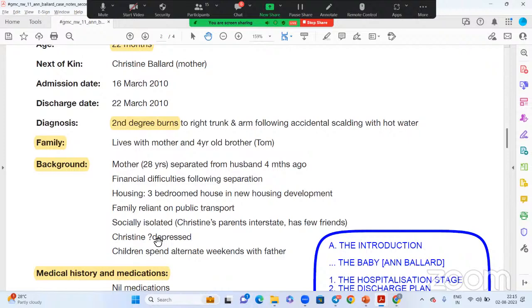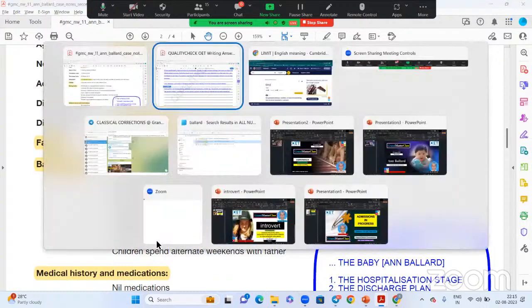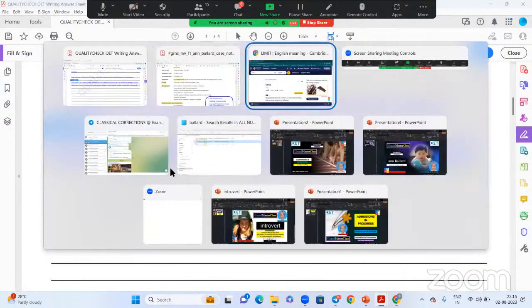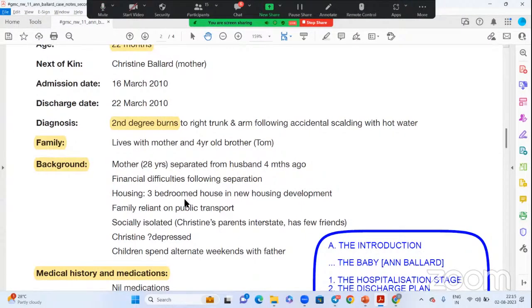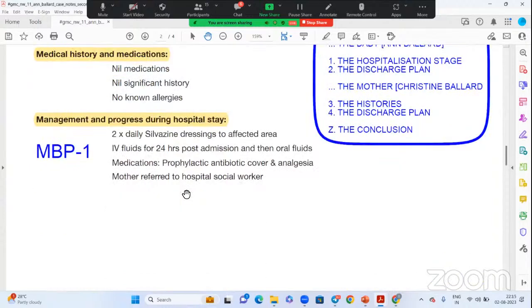Now, what is necessary here? Because of this financial situation, now connect this to the next part. She has financial difficulties. So what should be done? You can relate. There was one doctor, Dr. Sumant Goyal, he asked me, sir, how can I relate this sentence with that sentence?